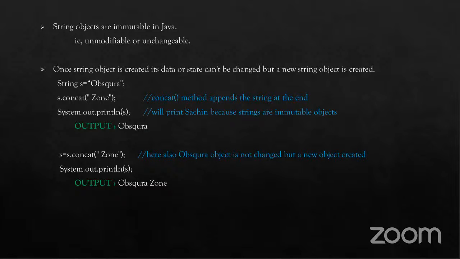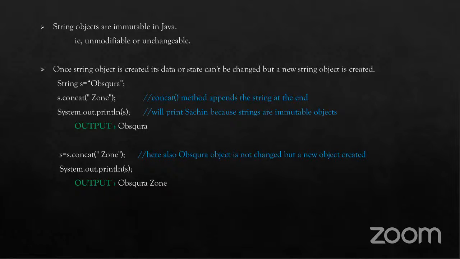This will not modify the obscura object, it only creates a new object, with the same reference pointing to the new object called obscura zone. That is immutable strings in Java, strings are immutable.